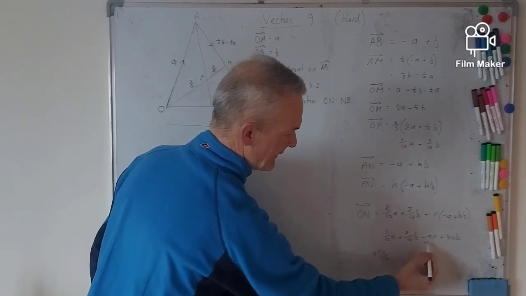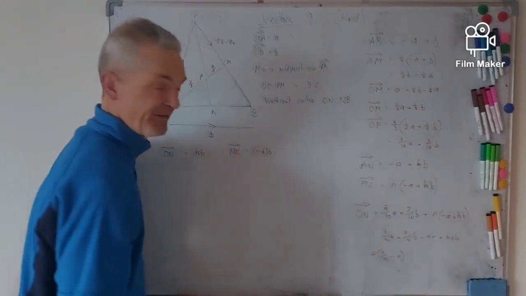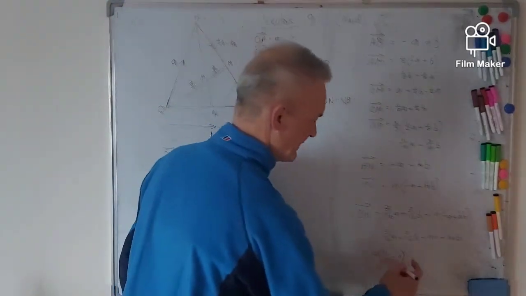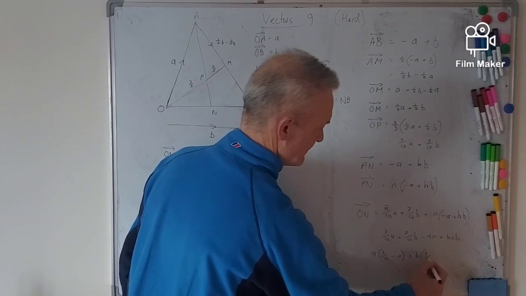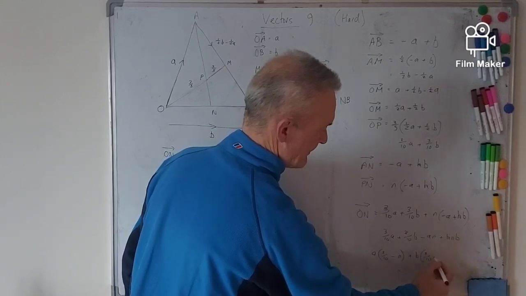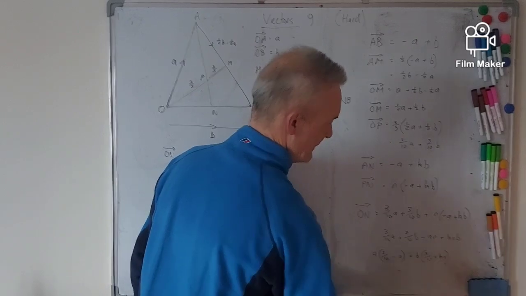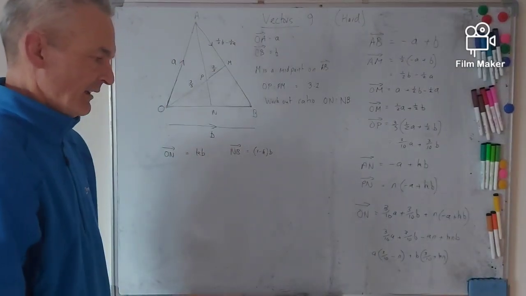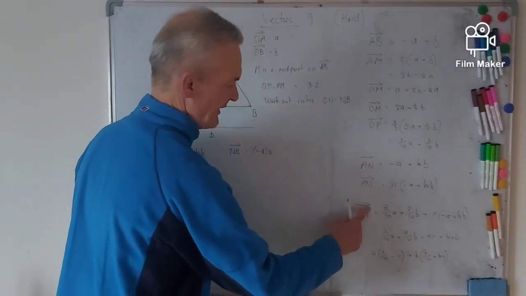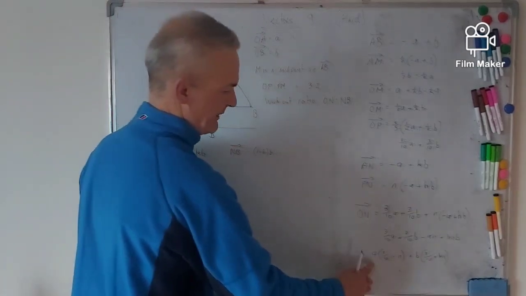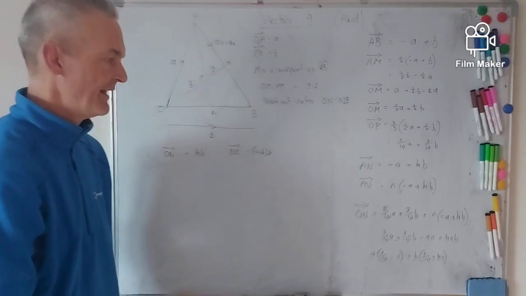So I've got 3/10, and the other bit is like so. So I've factorised the A, and I'm going to do the same with the B. And I've got like so. And now I can compare that. I've got my ON, the vector ON here, and I've got the A component, and I've got the B component there.